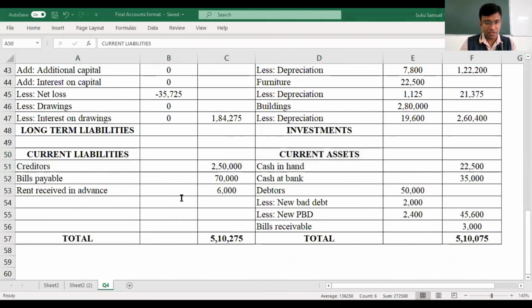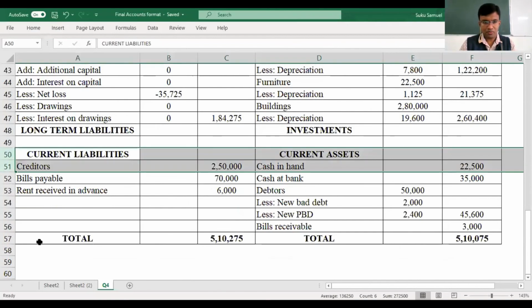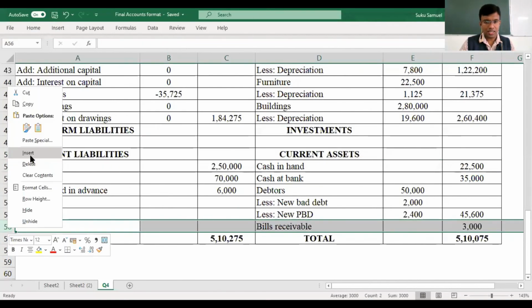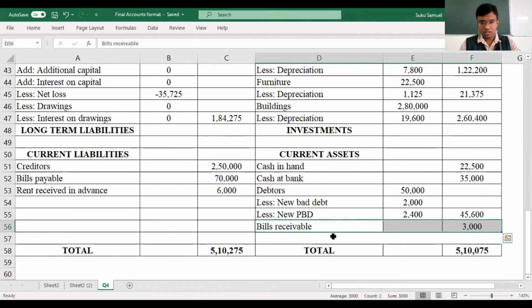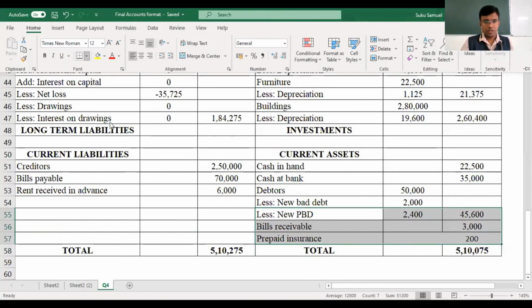Then we also have prepaid insurance. Please remember, we will have to treat that as a current asset. Prepaid insurance, the amount is 200, and that also we will have to consider.